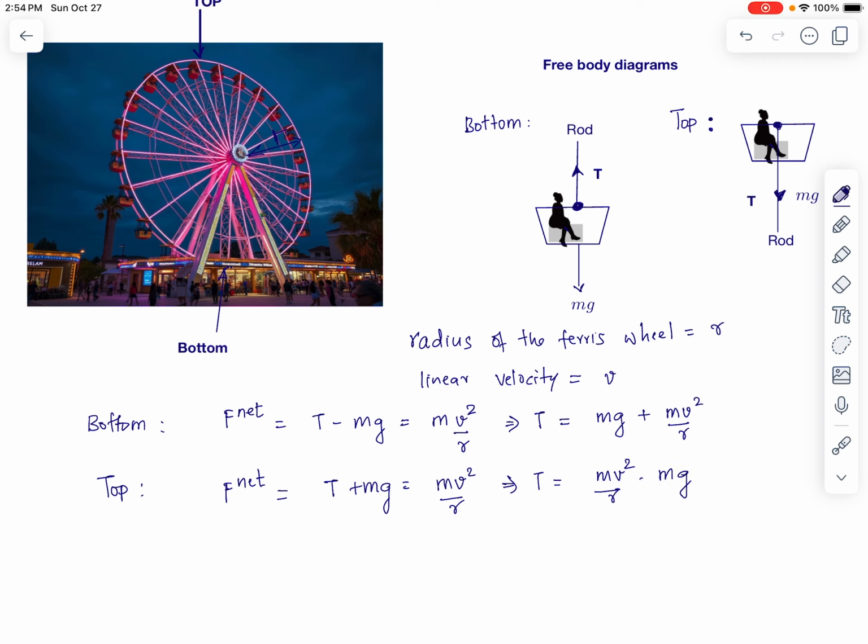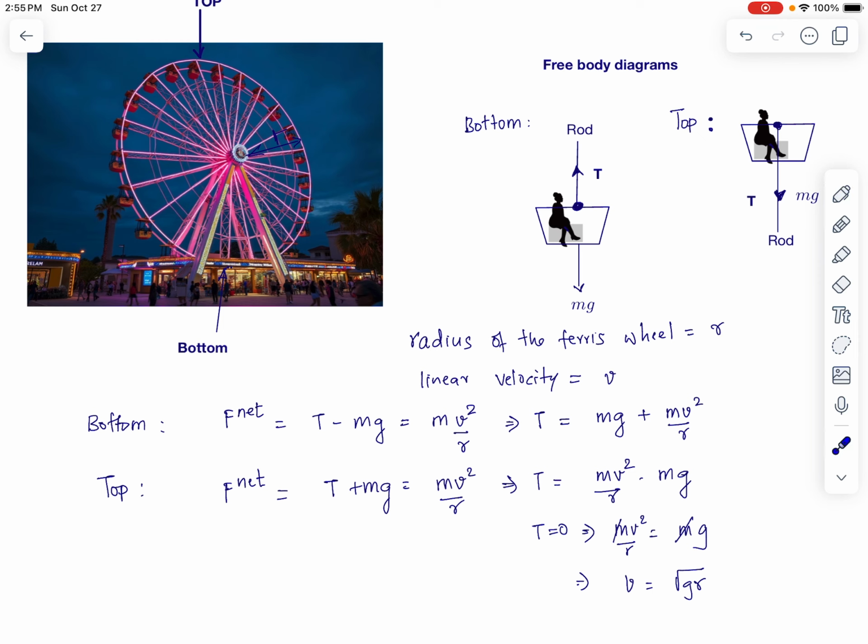So what happens here? There is a condition under which the tension can go to 0, when mv squared over r equals mg. We can cancel out the m's here, and v equals the square root of g times r. Under that circumstance, the tension in the rod can go to 0.